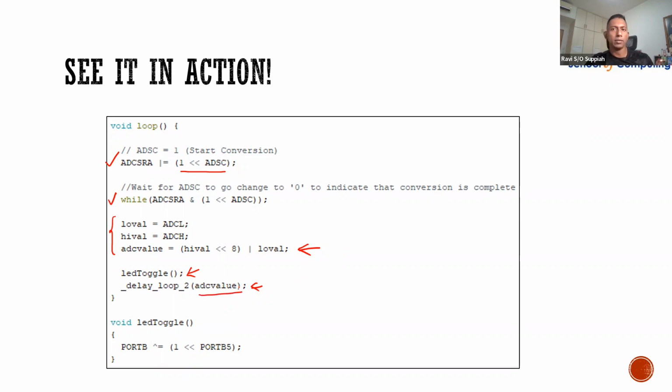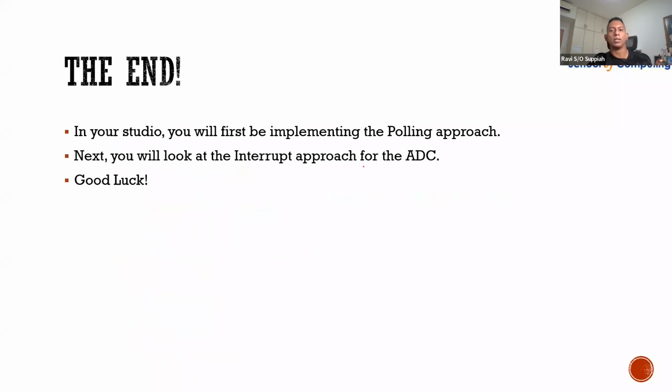If the ADC result is low, I delay very little. If the ADC result is high, I delay longer. So when you run this code, as you flex the sensor, the resistance changes, so the ADC value changes, and as a result, the rate at which the LED blinks also changes.